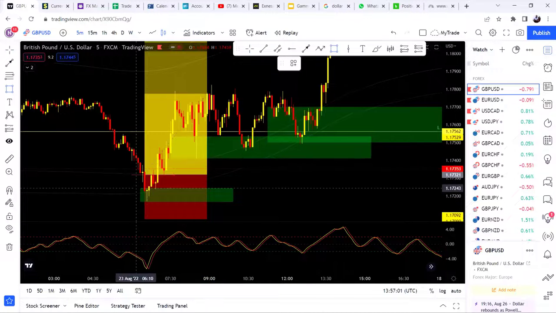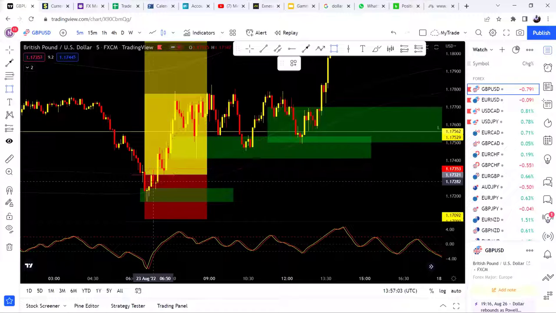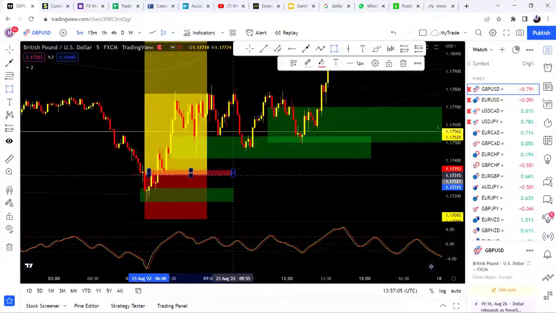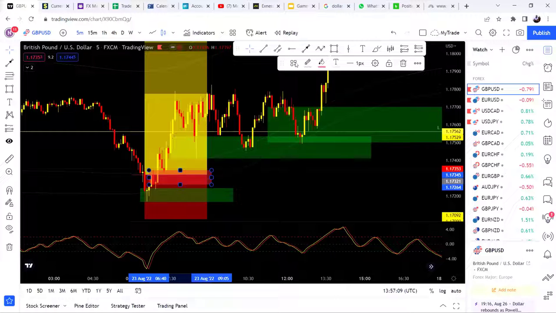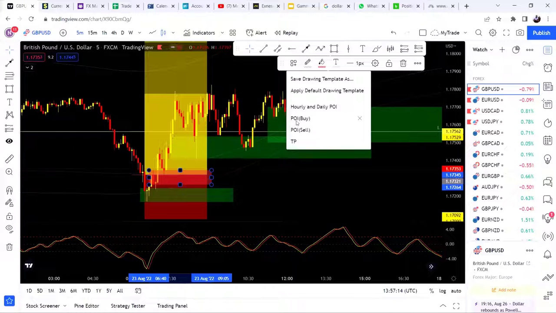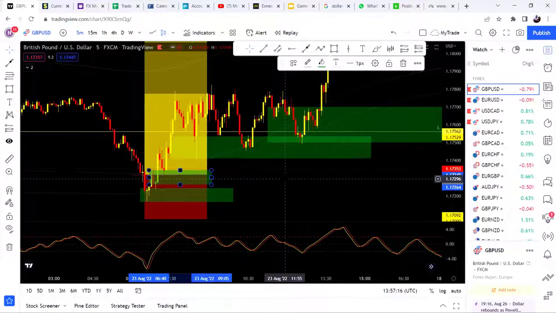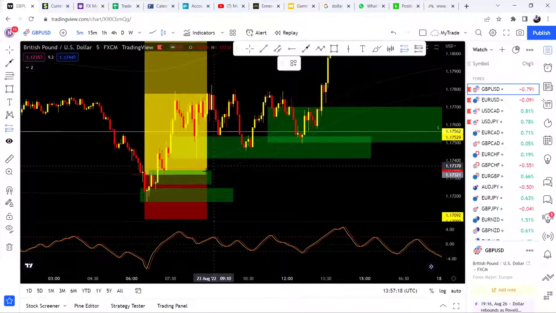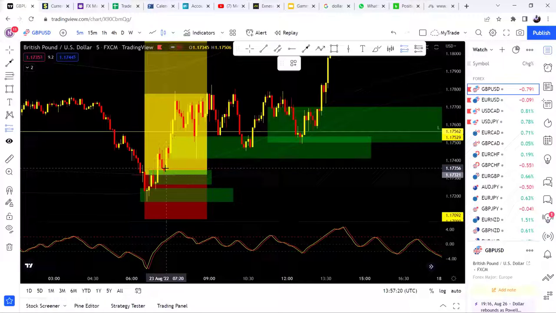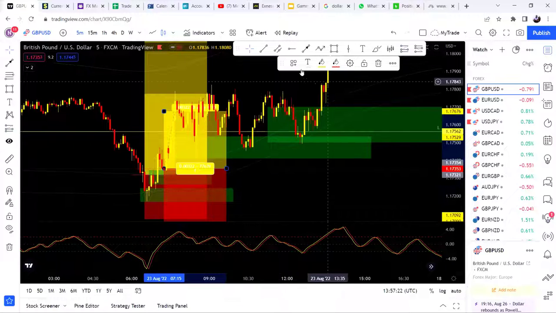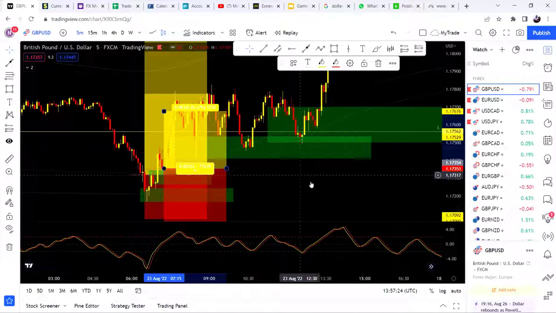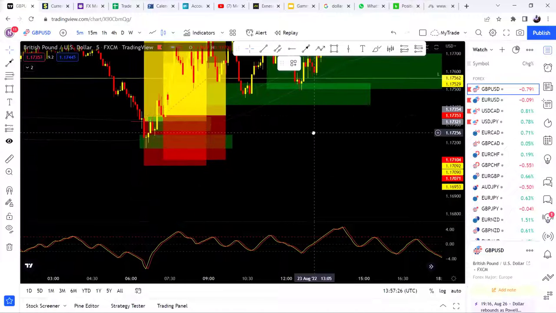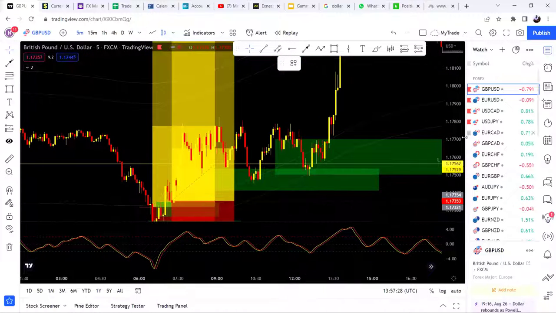Then, looking at this high that was taken out, I would have also marked this one as another POI that I am also going to enter. Then afterwards, after seeing this nice rejection candle over there, about 25 pips, good to go.